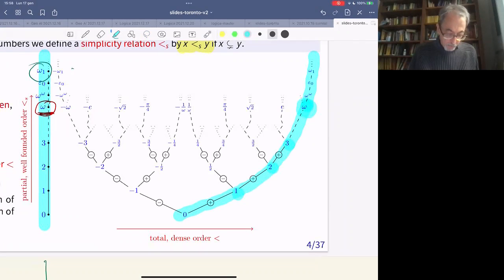It's an isomorphic copy of the ordinal numbers that you have there. While on the leftmost, you have the opposite of the ordinal numbers, -1, -2, -3. The opposite according to the group operation that I just defined.